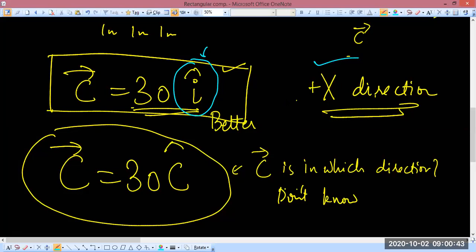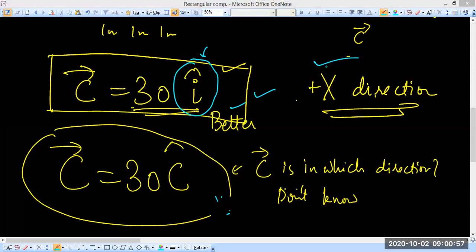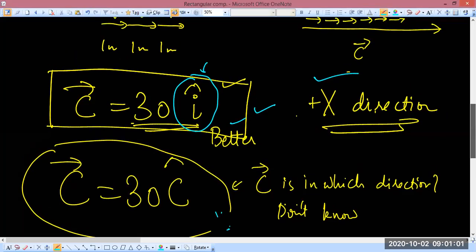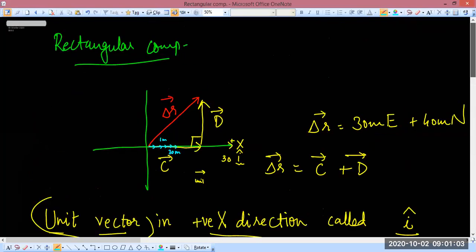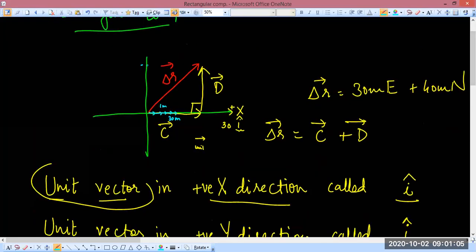Joy and Sahil, I really hope you understood why we should write it like this. This is correct, this is okay, no problem, but that's better. Now just like that, let's do it for the D vector and then we'll wind it up. Have a look at the D vector. The D vector has a length of 40 meters, correct?